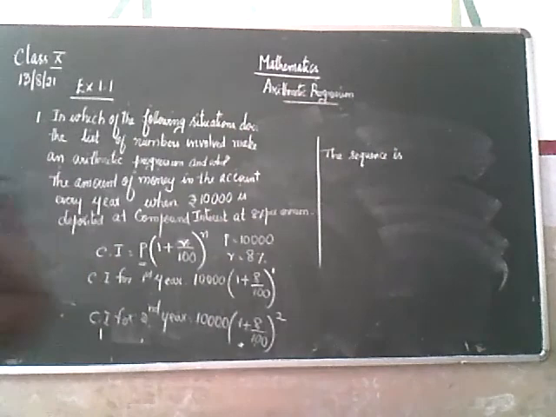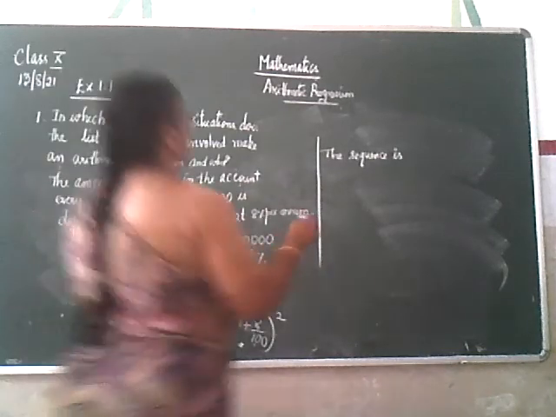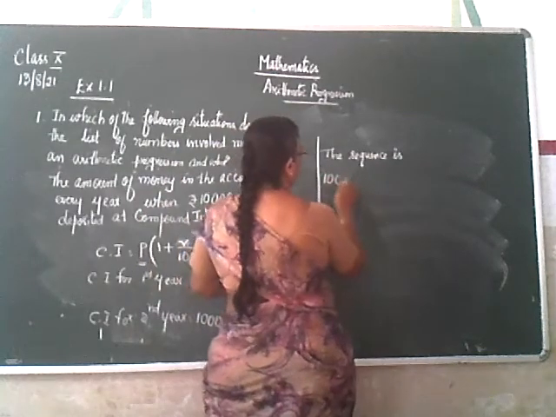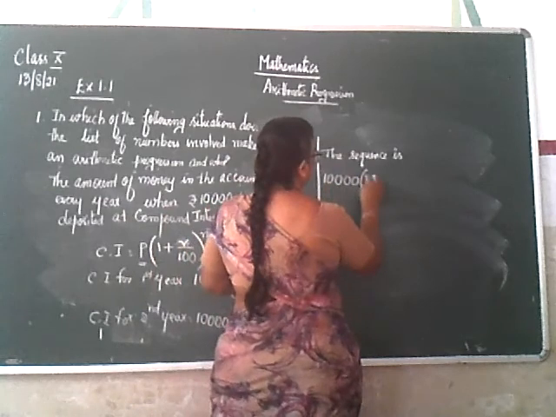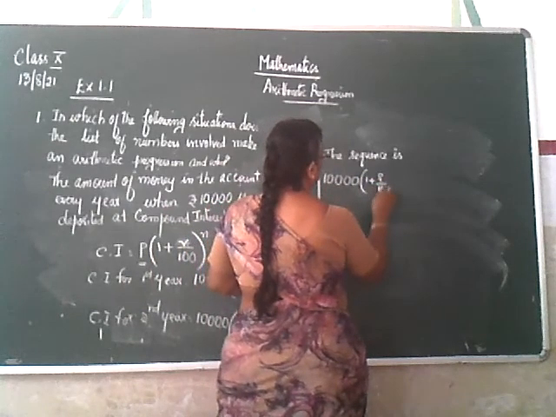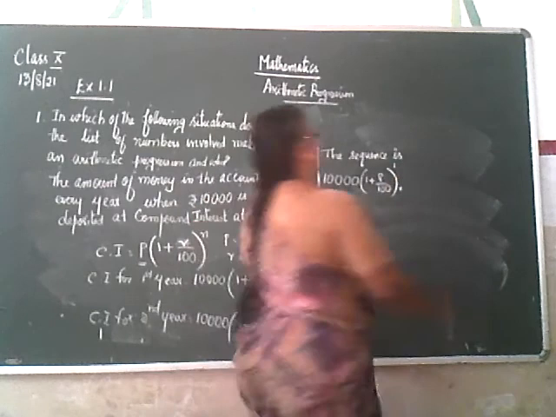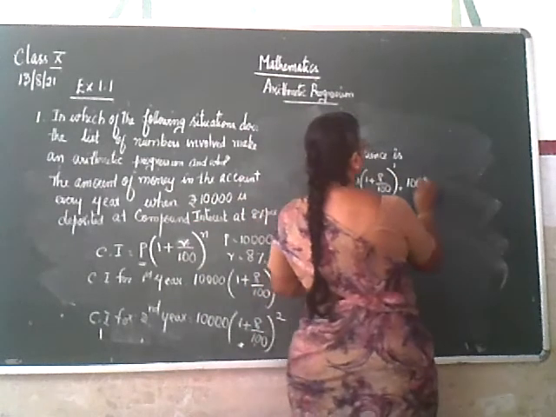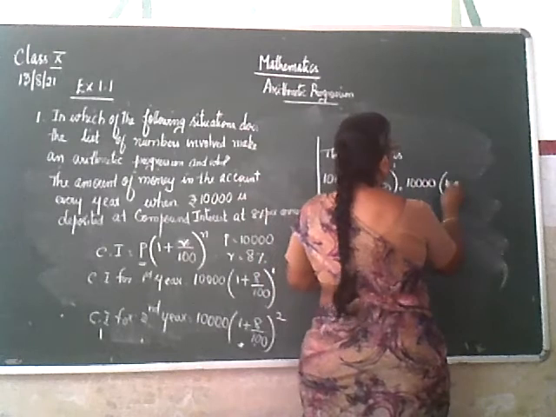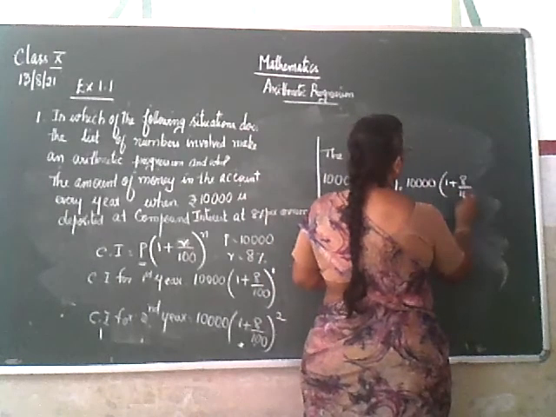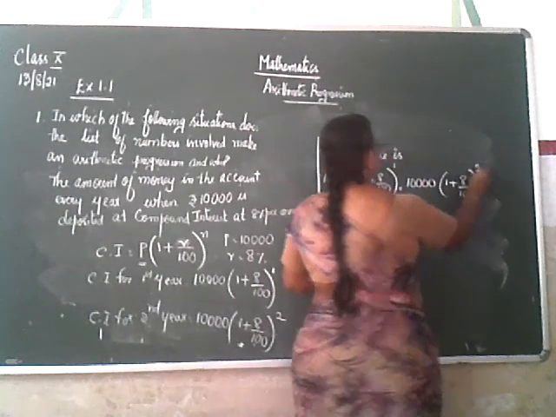So what is the sequence now? First it will be 10,000. After that, the first year it will be 10,000 into 1 plus 8 by 100 the whole to the power of 1. Then 10,000 into 1 plus 8 by 100 the whole square.